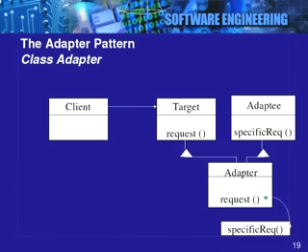The adapter is a subclass. The adapter adapts the adaptee to the target. The client uses the target. The client knows only the target interface, that is request. Adaptee has a different interface called specific request, and request can be implemented as a call to specific request if you use multiple inheritance here.